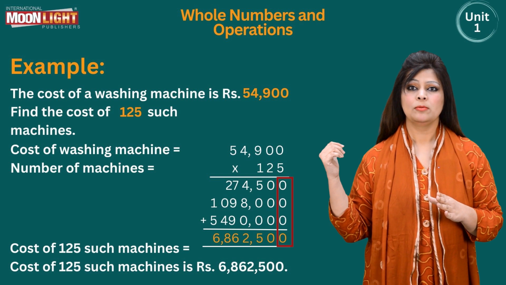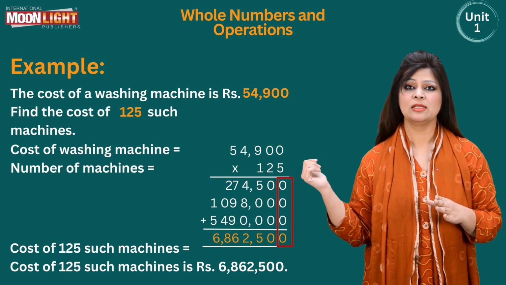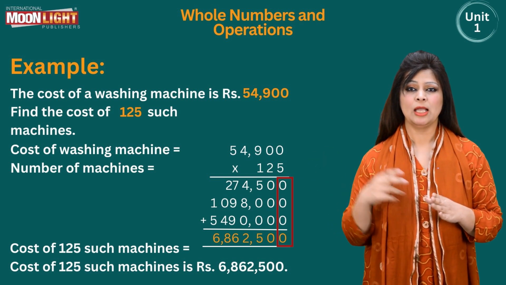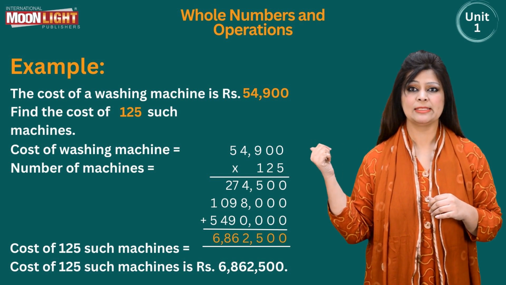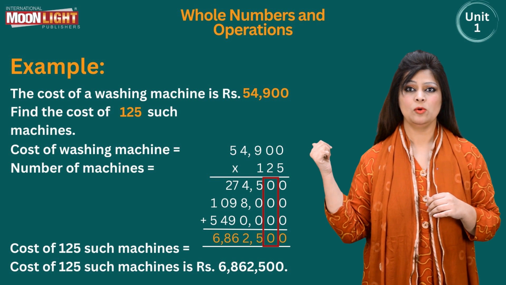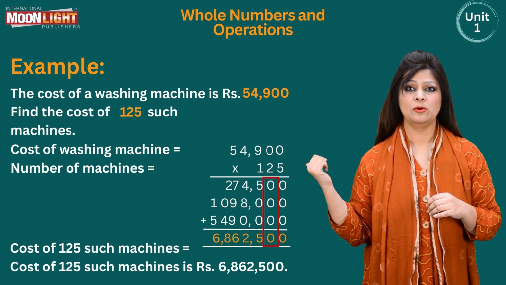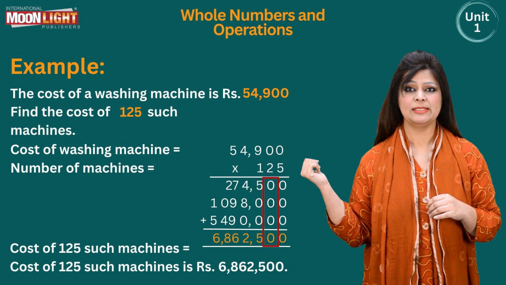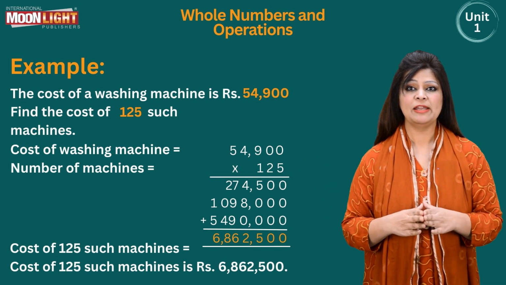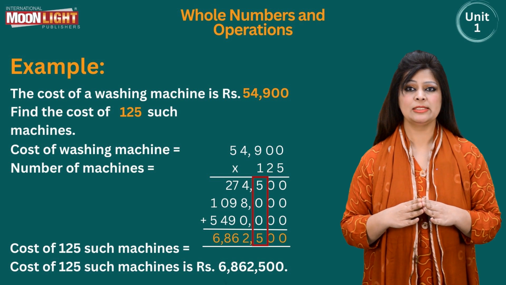Now 0 plus 0 plus 0 is of course 0. Now the numbers lying at the tens place, 0 plus 0 plus 0, again 0. So I am going to write 0 at the tens place. Now 5 plus 0 plus 0 is 5.